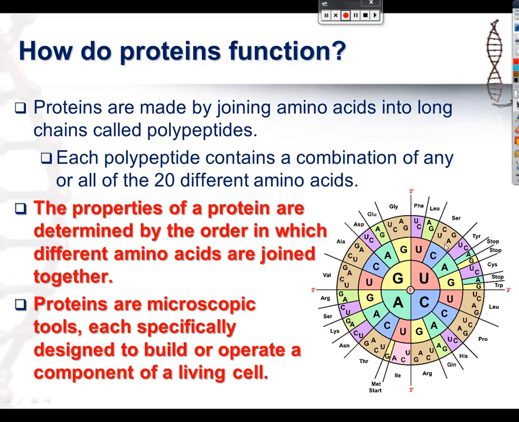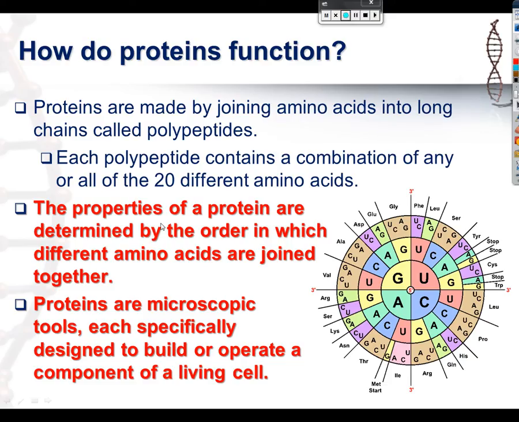So UCA makes serine, UCG or UCC or UCU. Some of them have 4 different codons to make an amino acid. Some of them only have 2 different codons to make that particular amino acid.